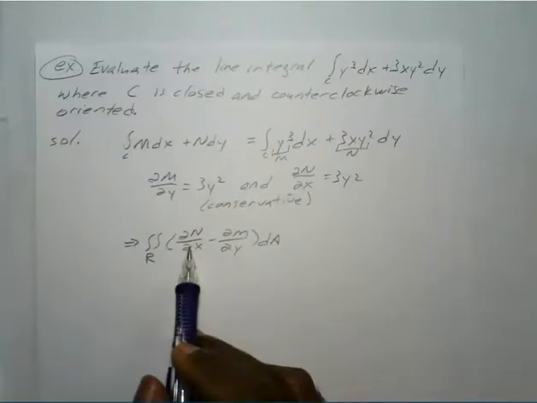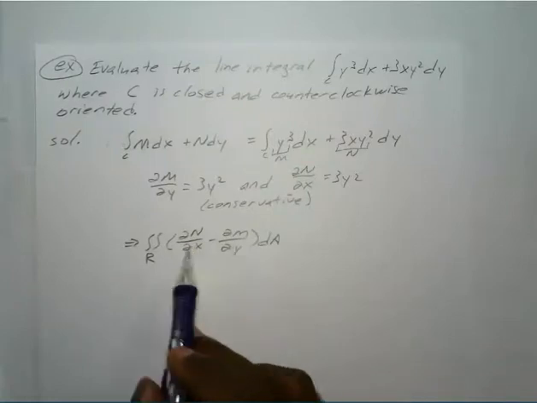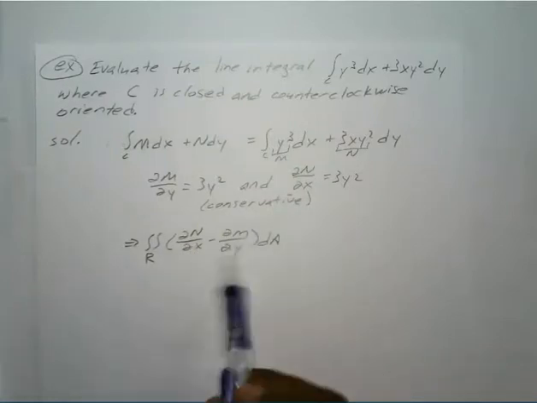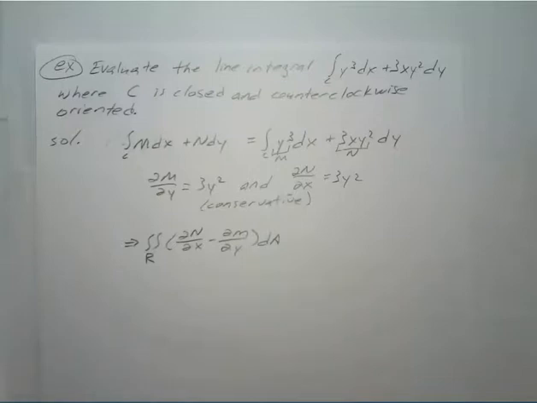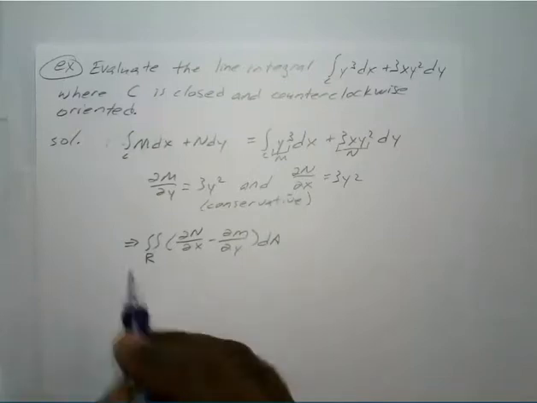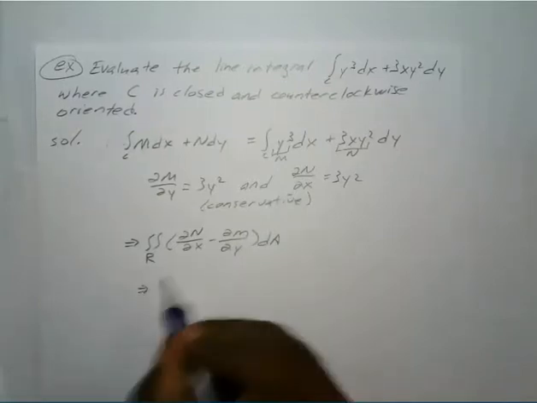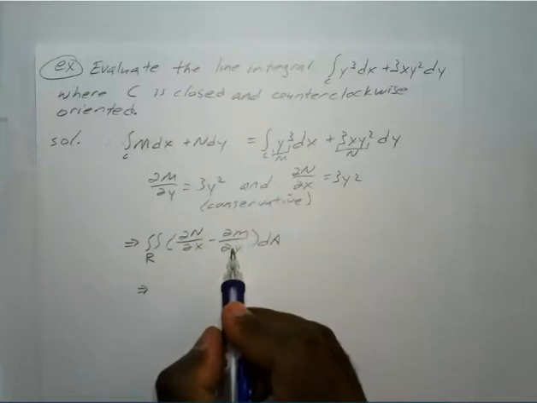Okay, so really this just becomes 0. 3y squared minus 3y squared is just 0. So really the double integral of 0 is just going to be 0.